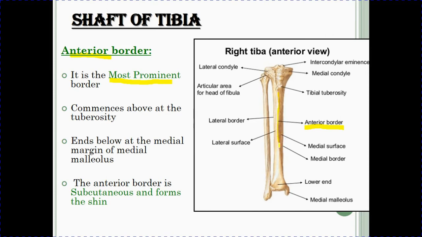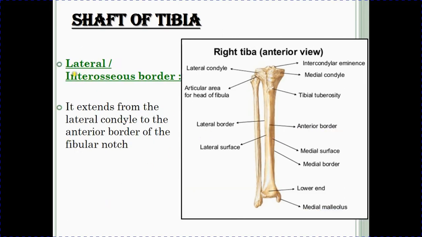You can see it is going towards the back now, and it ends below at the medial margin of the medial malleolus. So this obliquely present border, which is the most prominent one, is called the anterior border. It starts from the tibial tuberosity, running downwards slightly obliquely, going back up to the medial margin of the medial malleolus. This is the anterior border. Now the anterior border is subcutaneous and it forms the shin.